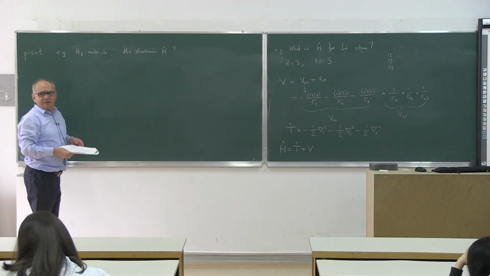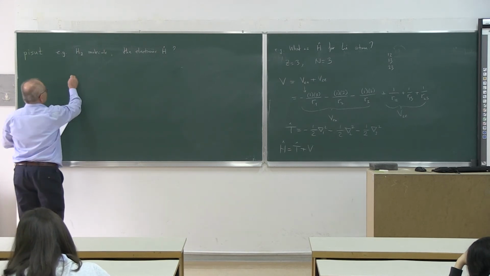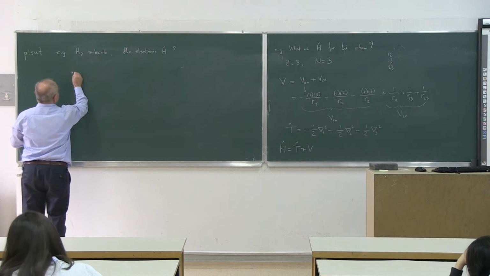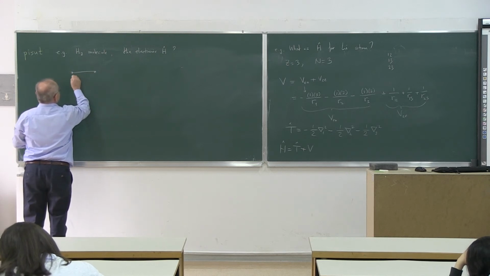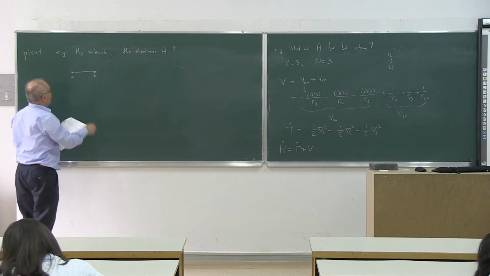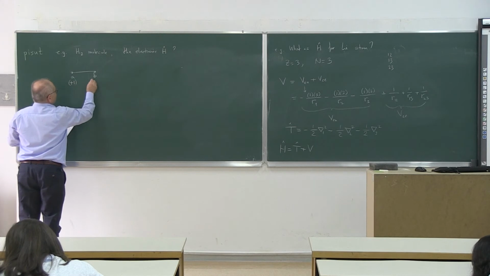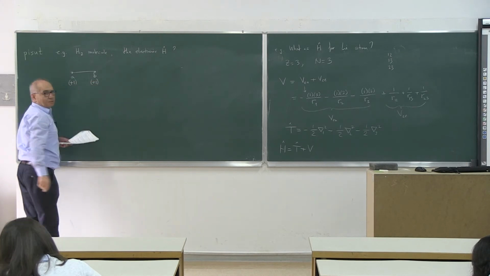Now the hydrogen molecule has two nuclei. Let us label the nuclei with A and B. These have +1 charge, both of them.